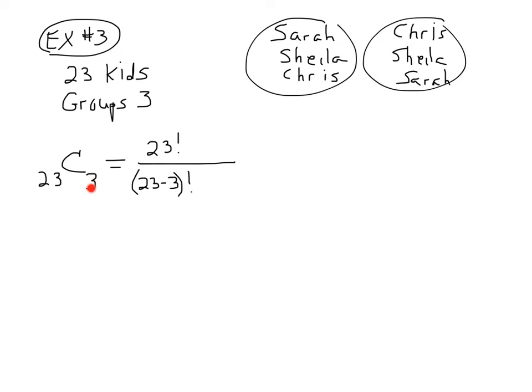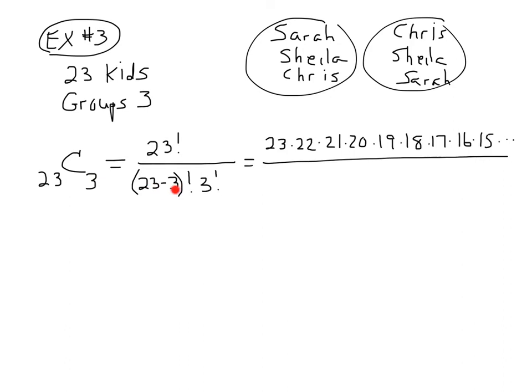And then you take the last number, 3 factorial. All right, here we go. 23 factorial means you multiply and you count down. 23 times 22 times 21 times 20 times 19 times 18 times 17 times 16 times 15, all the way down to 1.